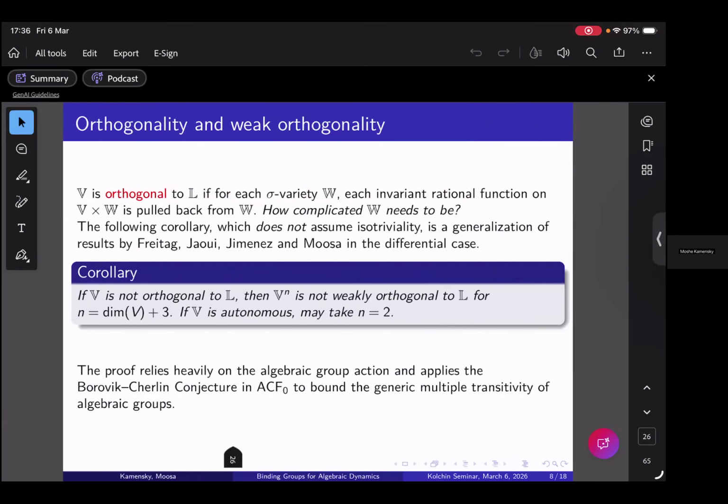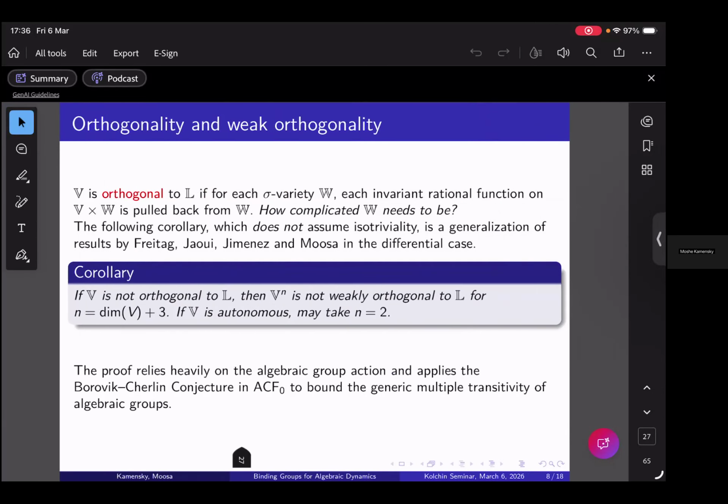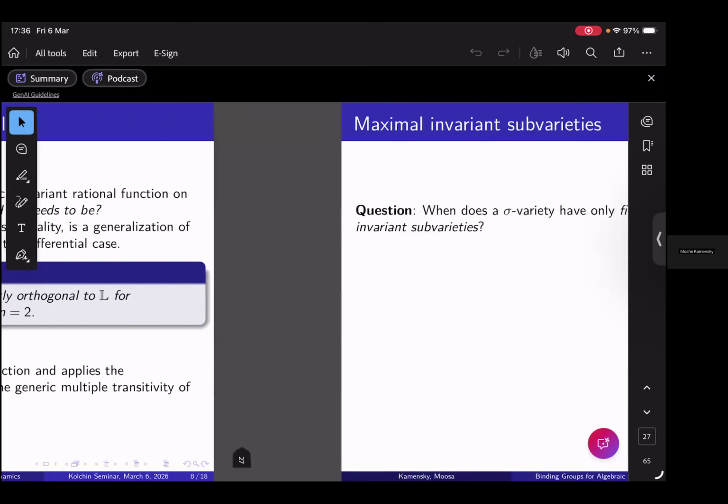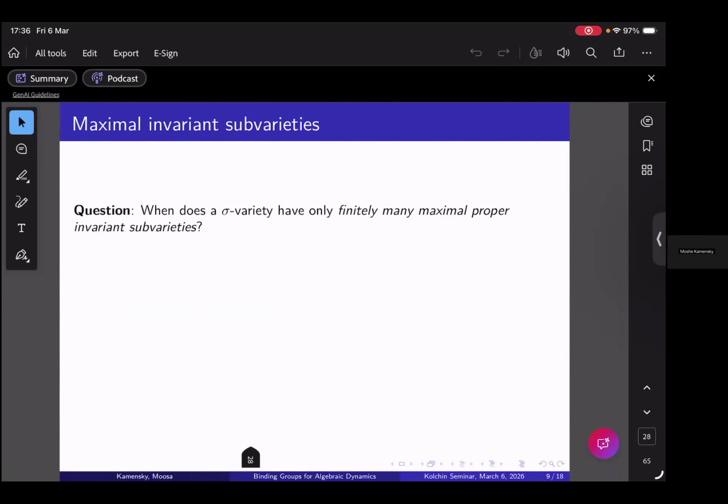The method is exactly the same. Once you know that you have a binding group acting, you just use a classification of how transitive an action of an algebraic group can be. So again, these are all immediate corollaries, by previous methods, of the fact that you have this group acting and the nature of the group.